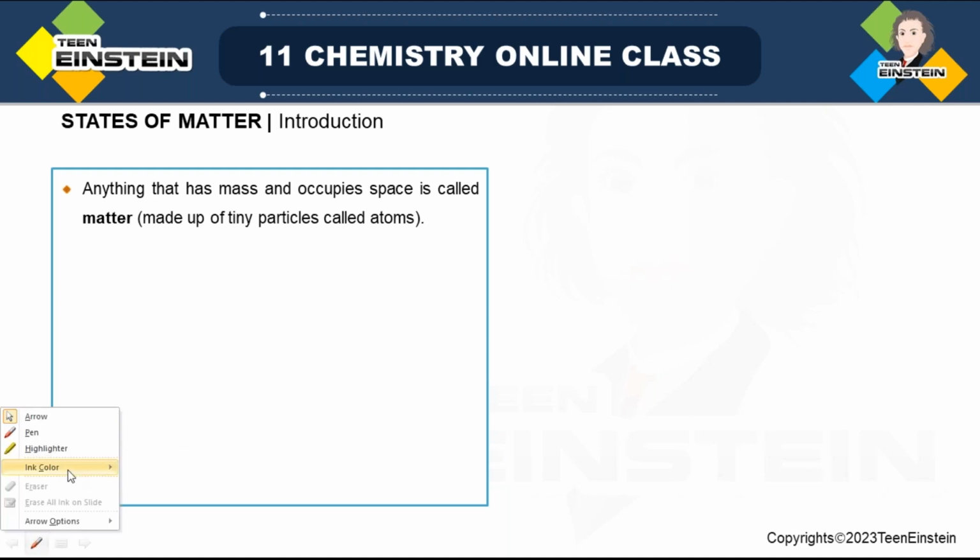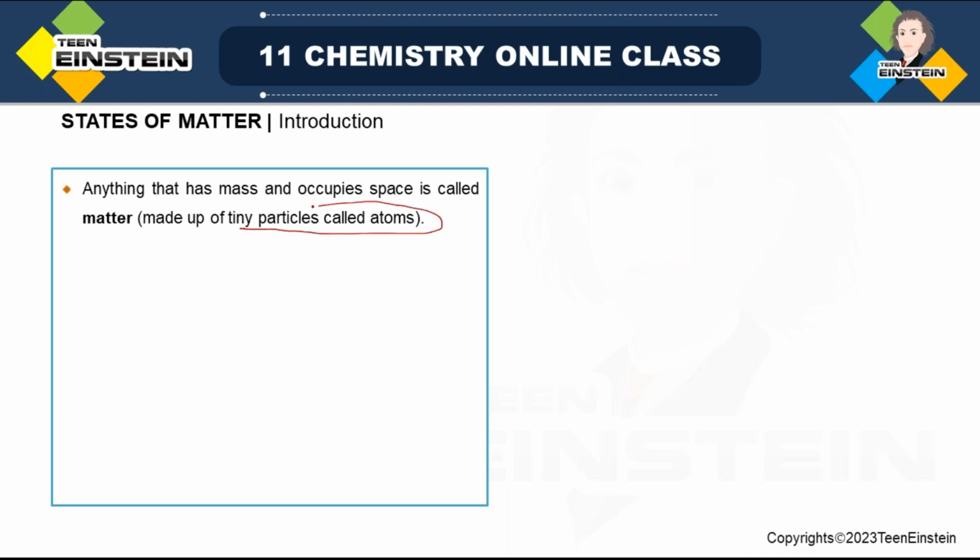So in the introduction for states of matter, what is matter? That we have already learned in lower class, right? It will have some mass and it will occupy some space. That is the definition of matter. And if we go to the microscopic level, then matter is made up of some tiny particles.